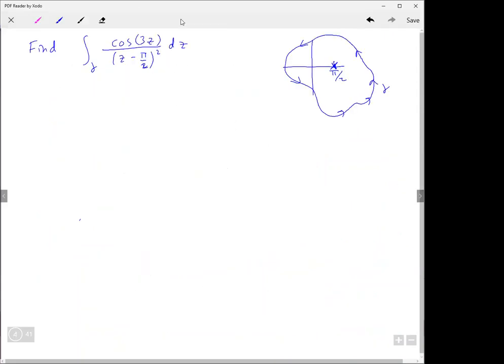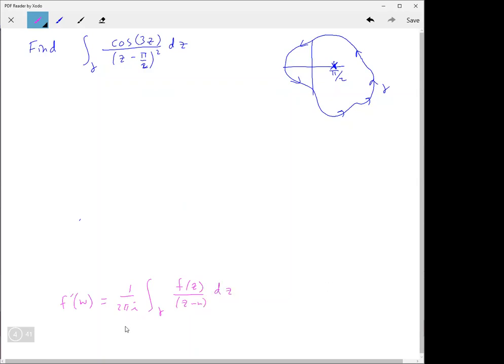Let me write that down here for comparison. So the first derivative is equal to 1 over 2 pi i times the integral of f of z over z minus w dz.